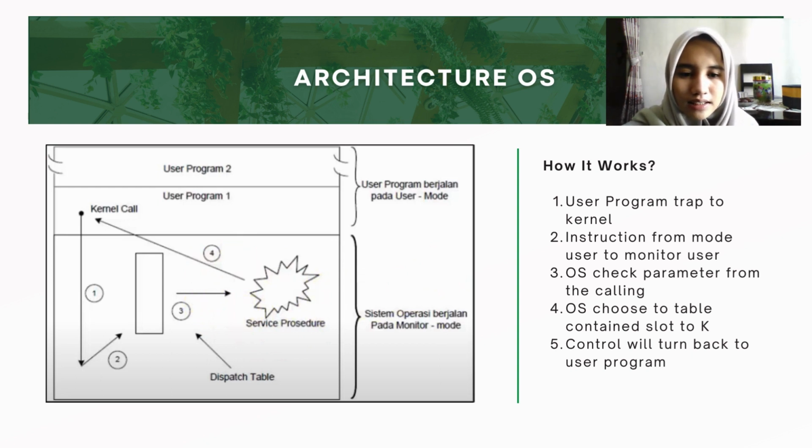Then third, the operating system checks the parameter from the call. It's called the dispatch table. The fourth step is the operating system chooses the table slot containing the key. And the last step is control returns to the user program.